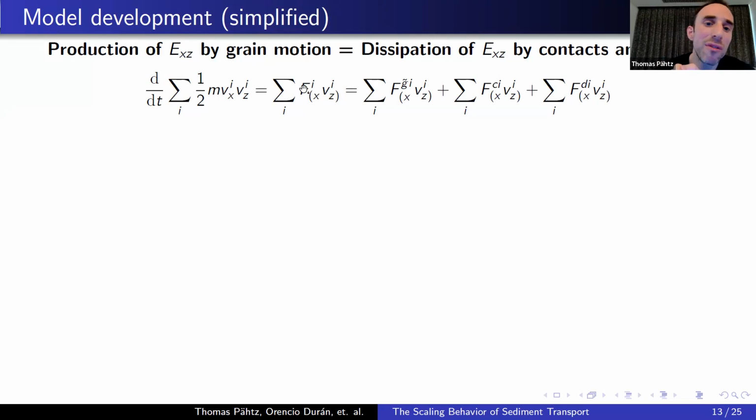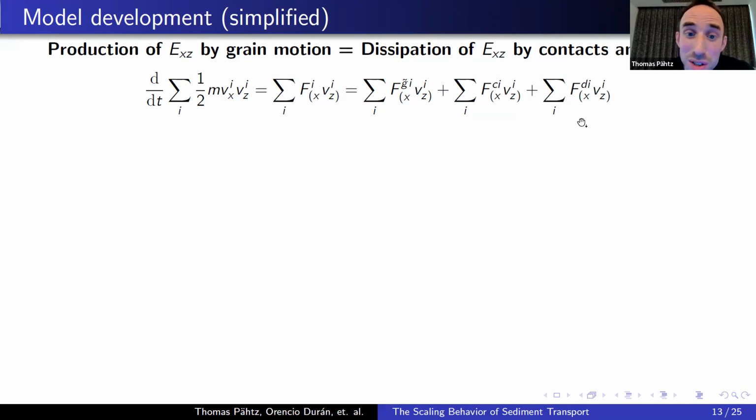So it means Fx Vz plus Fz Vx divided by 2. Then you have these forces, and you can separate them into different contributions: one from gravity without buoyancy, g tilde here; another from particle-particle contacts when they collide, for example; and a third from fluid forces, here just called drag.